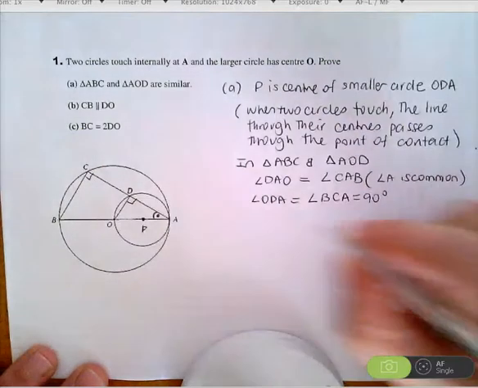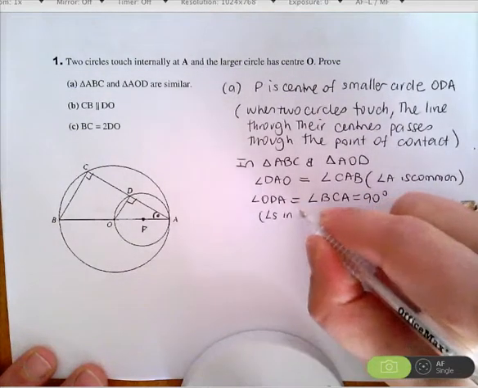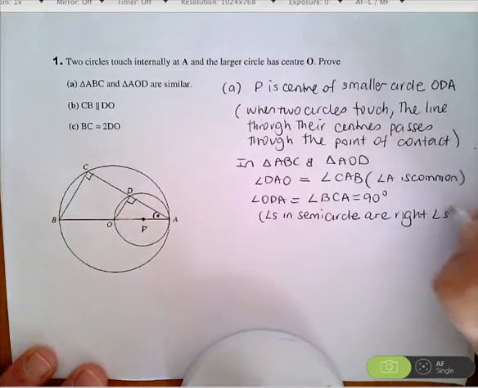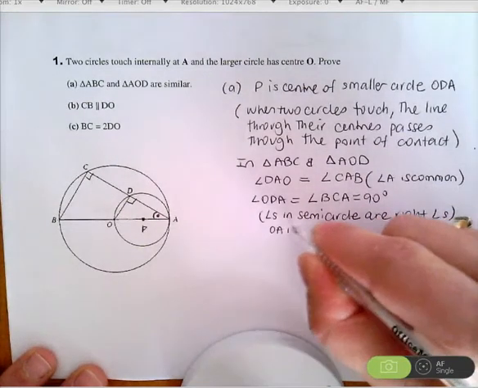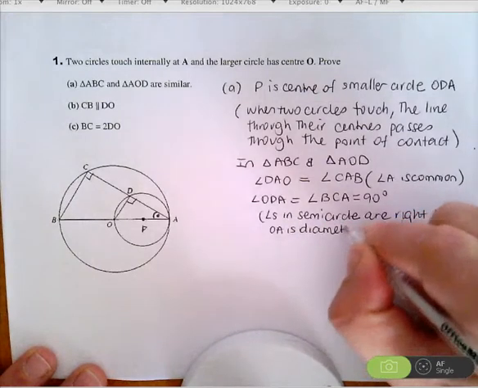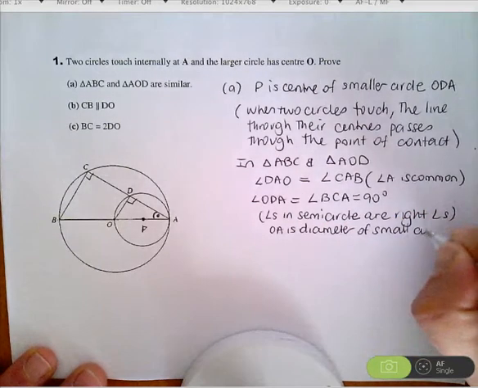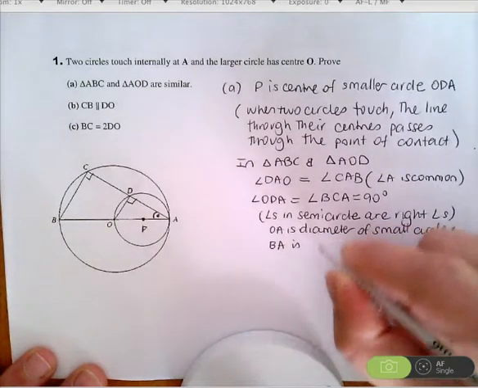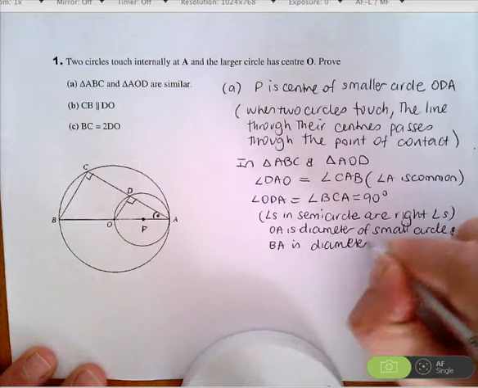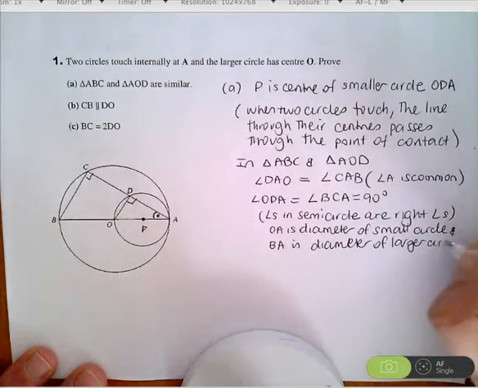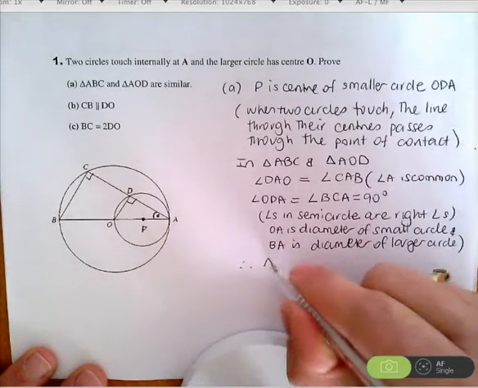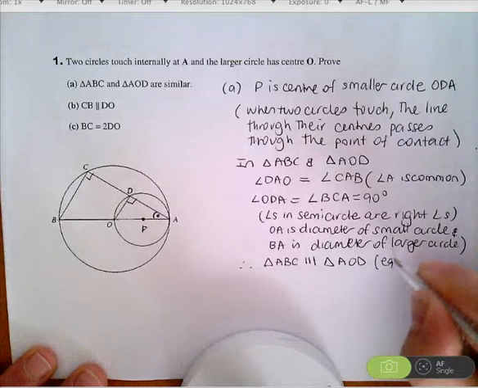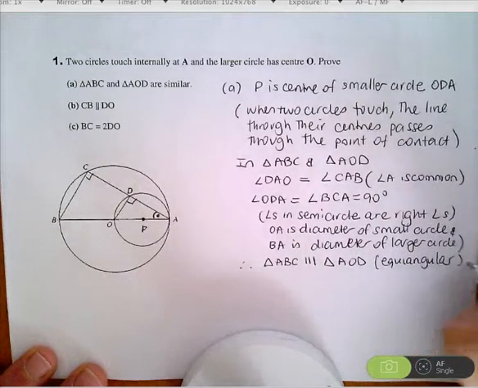The reason is that the angles in a semicircle are right angles, and this is because we know that OA is the diameter of the small circle, and that BA is the diameter of the larger circle. Okay, so therefore we can say that triangle ABC is similar to triangle AOD, and the reason is equiangular. Okay, so that's part A.